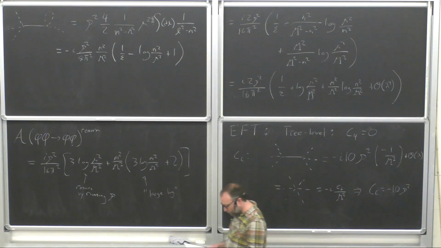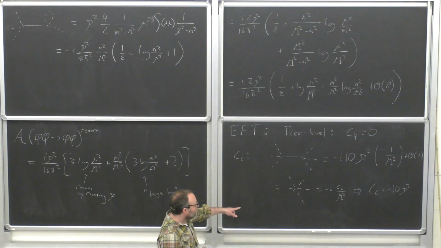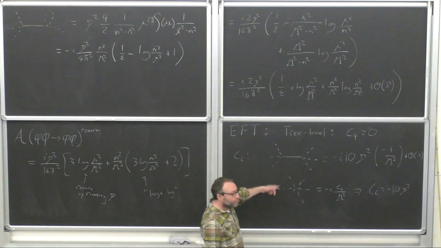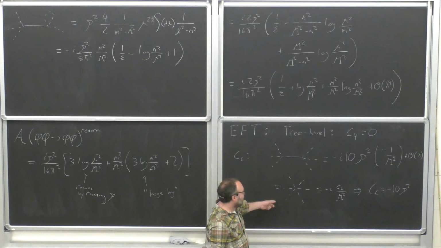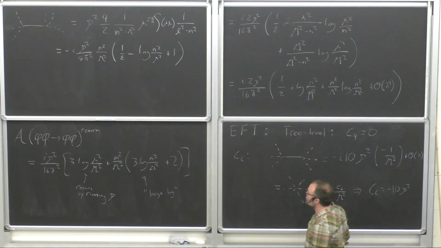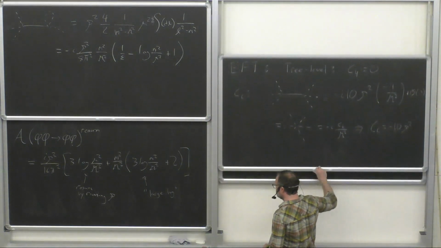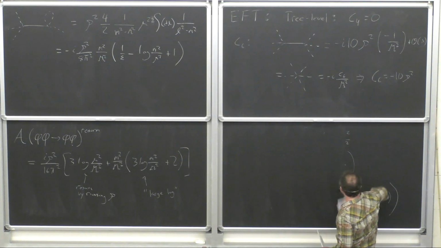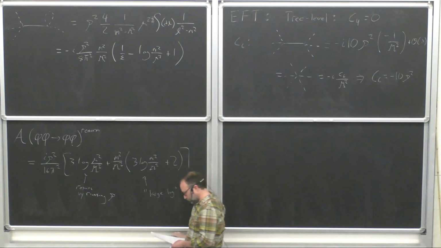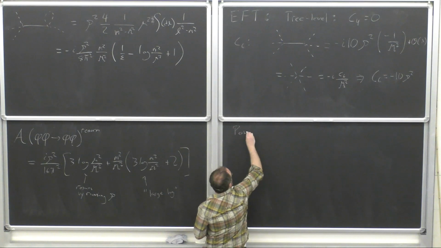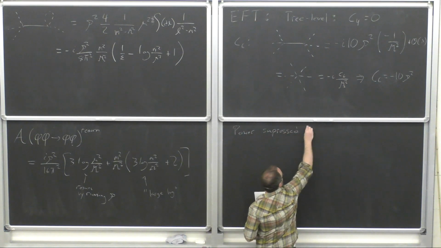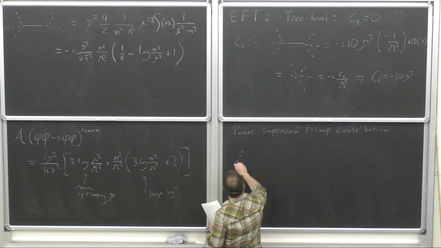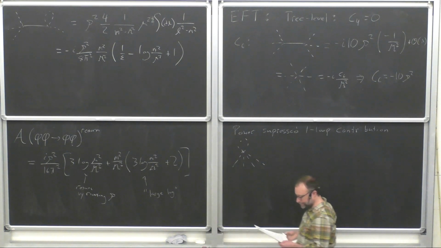And the reason I need this contribution is because in order to reproduce this power suppressed term here, the subleading term, I'm going to need the power suppressed contribution at one loop to the 4-point function, and I'm going to get that by closing the loop here, okay? So I have this diagram, okay?